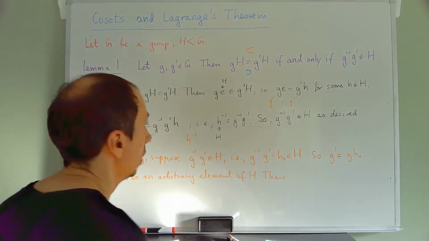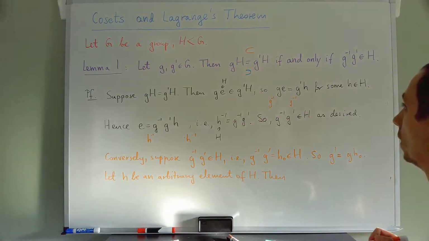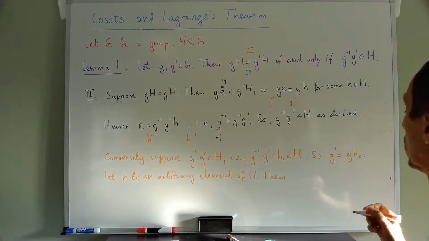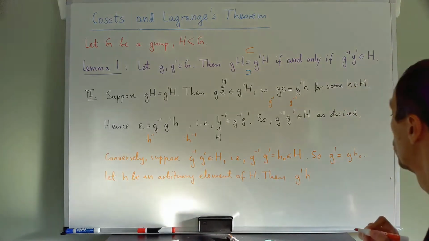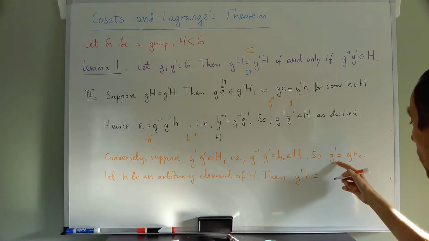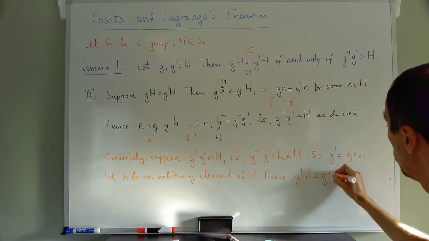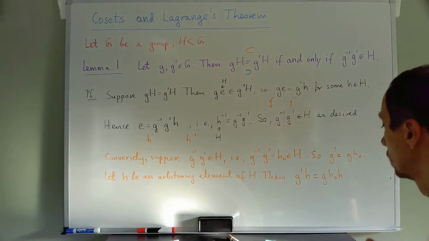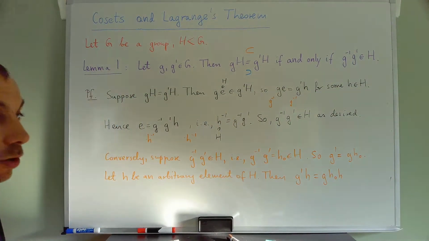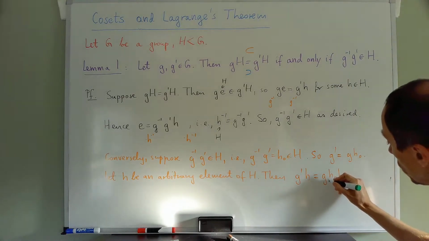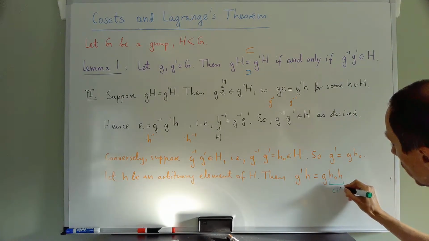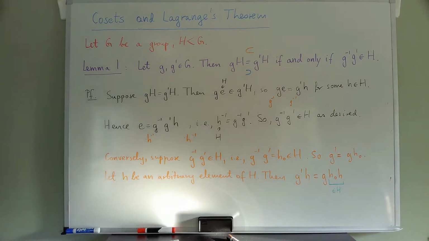Then, if I look at g prime h, I get g h0 h. All right, both h0 and h are in H, so H is a group, so this thing is in H. So what have I shown?